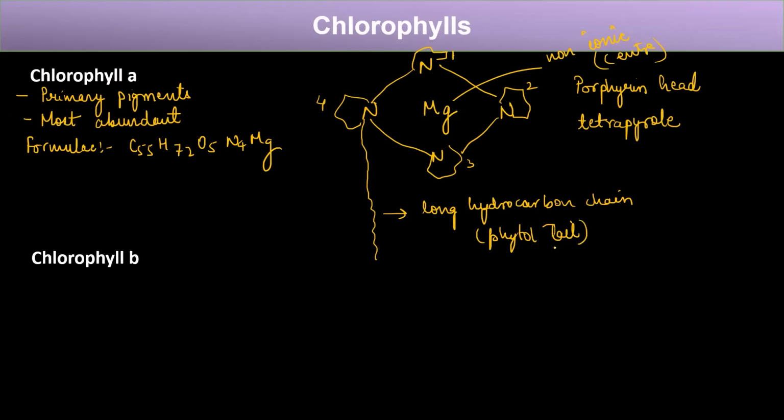So if you look at the chlorophyll structure, we have 2 regions, a porphyrin head and a phytol tail. The porphyrin head consists of a magnesium along with the tetrapyrrole ring, while the tail region consists of a long hydrocarbon chain called the phytol tail.